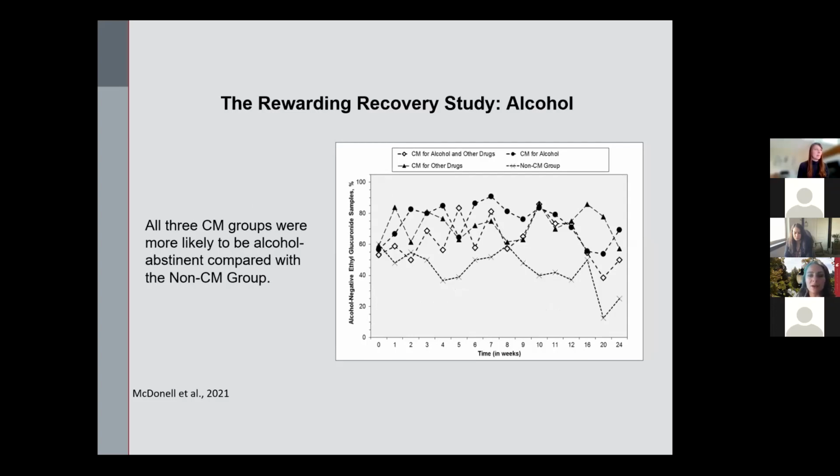The next outcome was alcohol, and we can see that the bottom squiggly line, there's a lot of squiggly lines here, but the bottom squiggly line is the control condition, and so they didn't abstain from alcohol use, but all three CM groups were more likely to abstain from alcohol use.